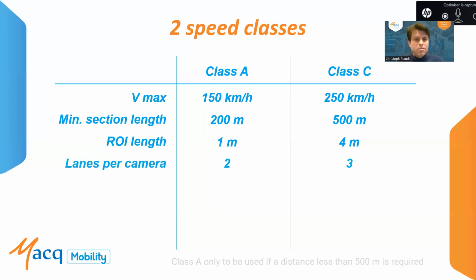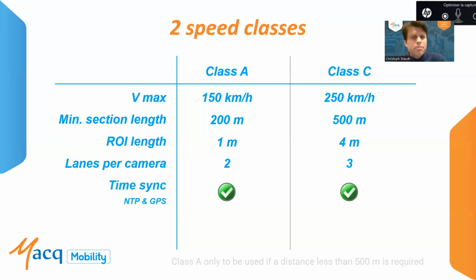Then the lanes per camera, where our homologation or the metrology in Belgium has accepted our solution, is for class A in cities, for example, up to 150 kilometers per hour, 1 camera can overview and monitor 2 lanes, and 1 camera in class C can monitor 3 lanes. That means if you have a highway with 4 lanes, you need 2 cameras to monitor all the 4 lanes.